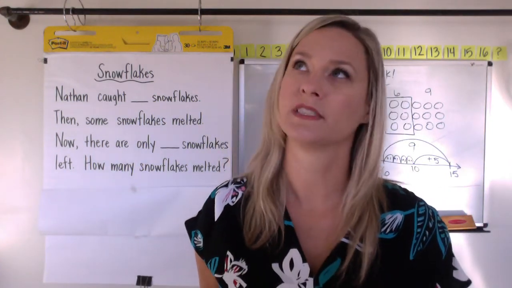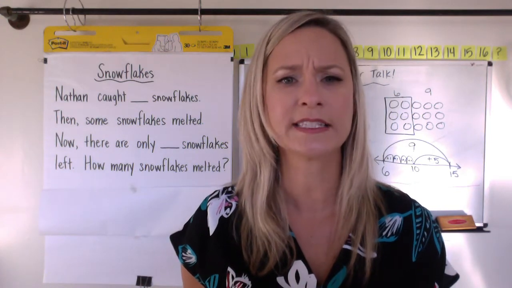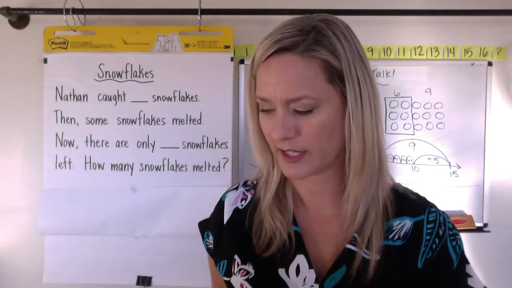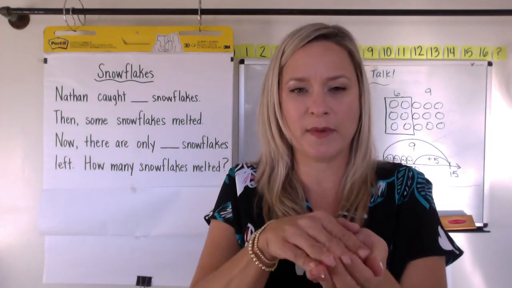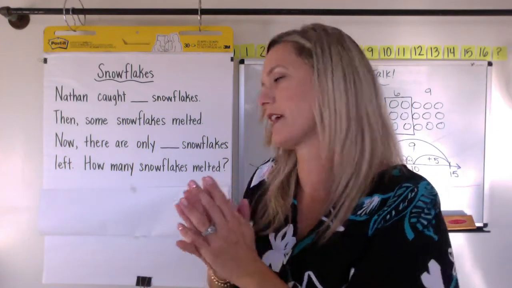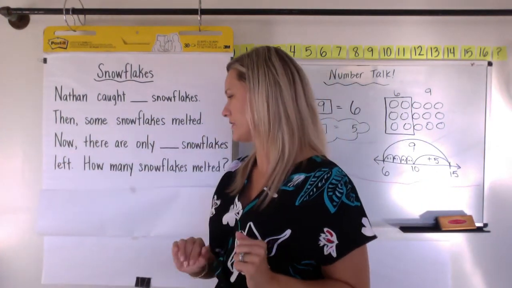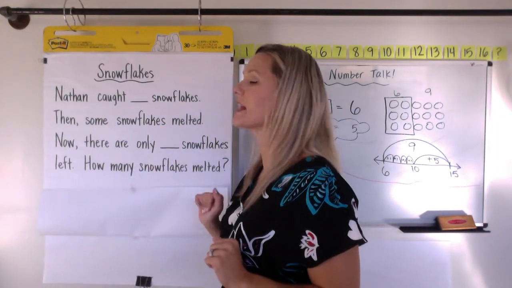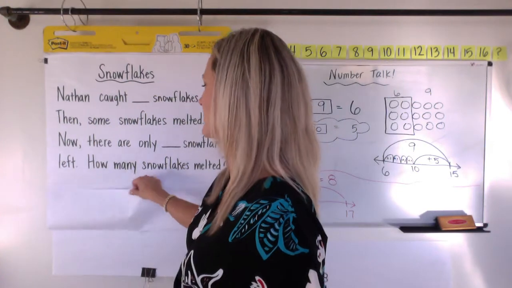Nathan caught snowflakes. All right, so he caught snowflakes. Then some snowflakes melted, okay? So imagine that. Like the ones that he caught in his hands, maybe they heated up too quickly and they melted, right? Now there are only snowflakes left. How many snowflakes melted? Okay, so let's take a look at our numbers.